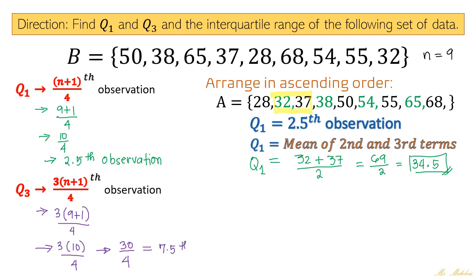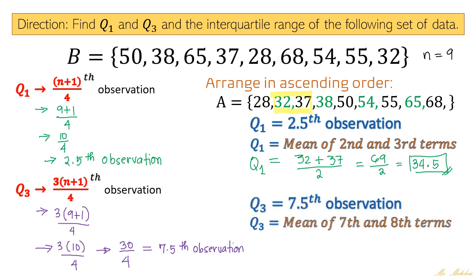So 7.5 observation. Okay, so now, same manner with what we did with our Q1, we are supposed to get the mean as well of our 7th and 8th terms in our data. So here, let's count 1, 2, 3, 4, 5, 6, 7, 8.